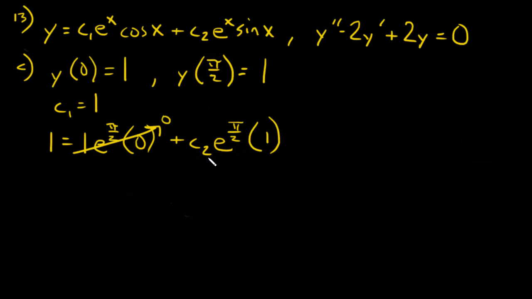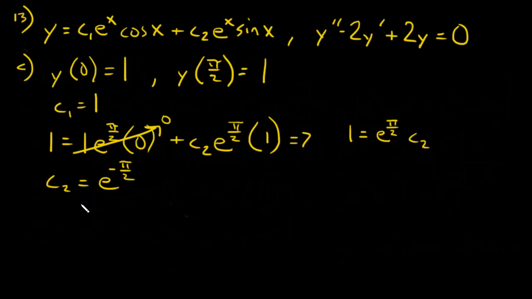If I look at this, I can divide both sides by e to the pi over 2. And when I do that, I'm going to get c2 is equal to e to the negative pi over 2. And if you want to see it in a little bit of detail, I've got 1 is equal to e to the pi over 2 times c2, divide both sides by e to the pi over 2, and that's how I get e to the negative pi over 2.